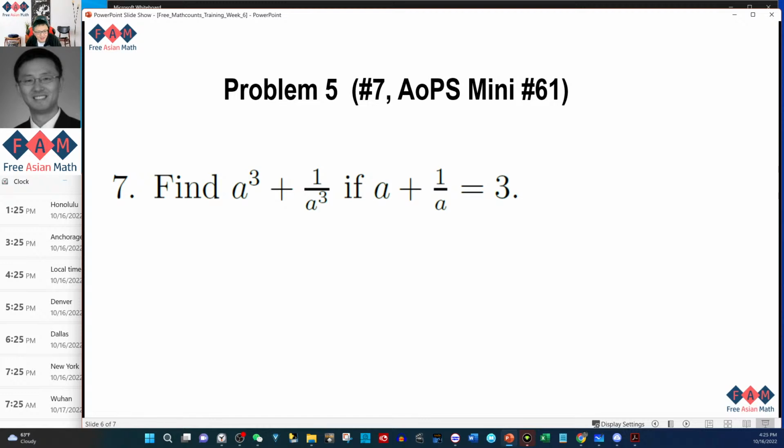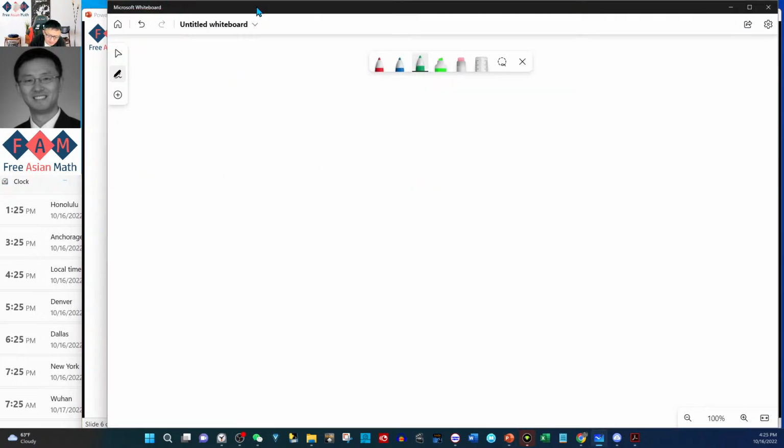Wait a second. I think we can still factorize this one. Remember the factorization formula. What is a cubed plus b cubed? Maybe I should write it in x and y, because we are already using a, to avoid any potential confusion. So what is x cubed plus y cubed?